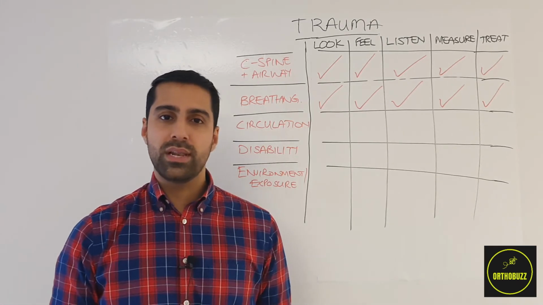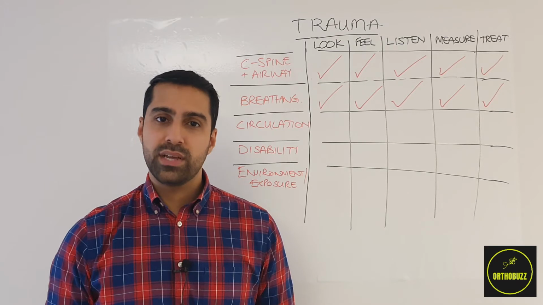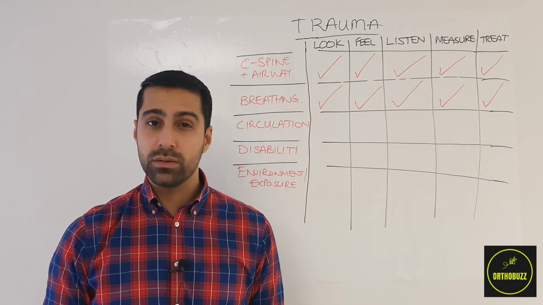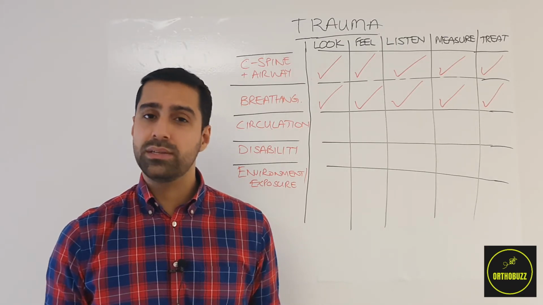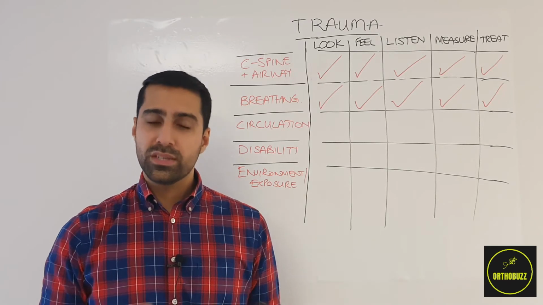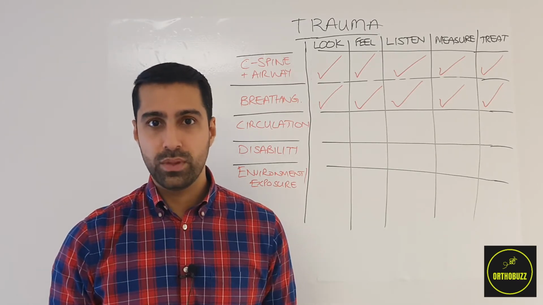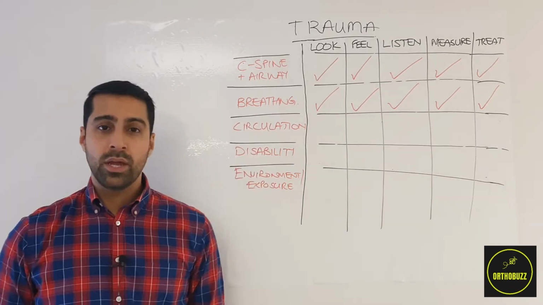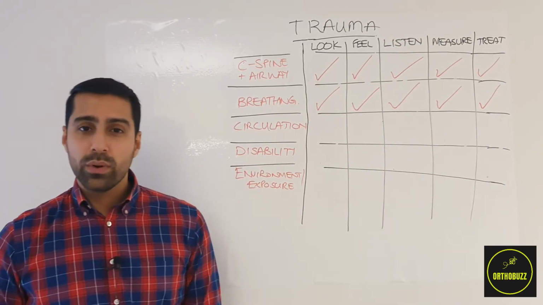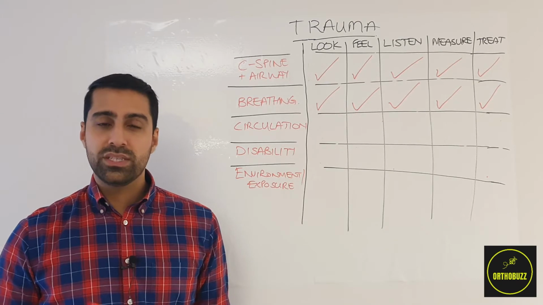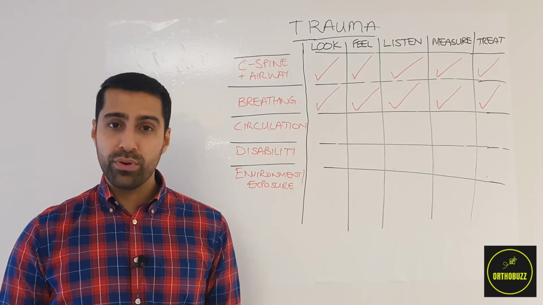We note that there is a little bit of reduced breath sounds at the right base and some dullness to percussion, but no subcutaneous emphysema. So the patient is fairly stable at this point of view, although we have noted some findings which are not life-threatening.